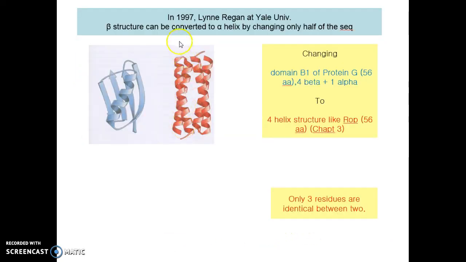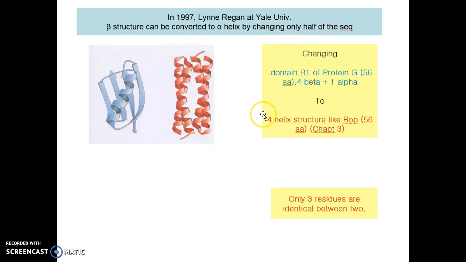It didn't take that long. In 1997, Lynne Regan at Yale University succeeded in obtaining this goal. A beta structure was converted into an alpha helix structure by changing only half of the sequence.